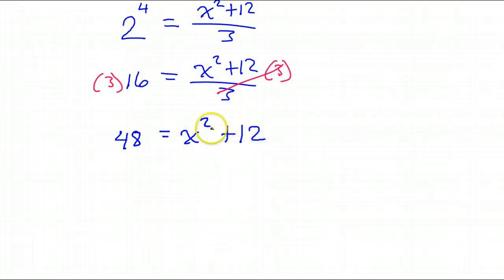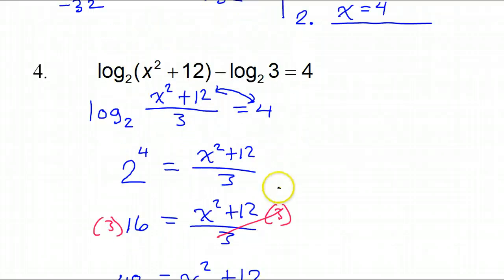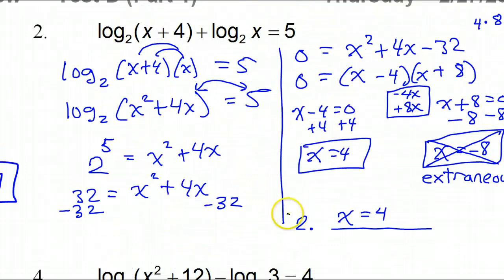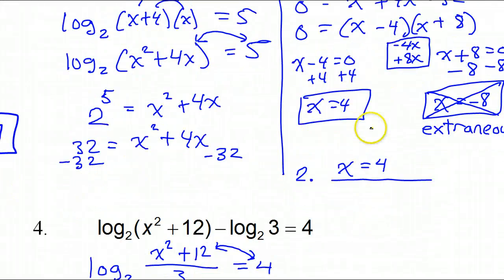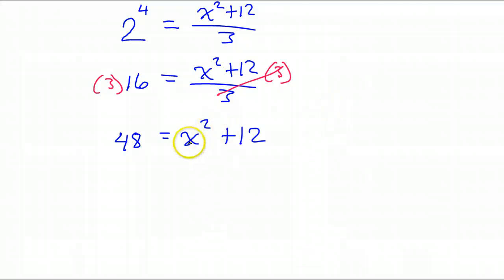Notice I've only got x squared here, as opposed to the other problem that we did where I had x squared and x, so I couldn't get x by itself, because if I got x squared by itself, I'd have 4x on the other side and x wouldn't be by itself. But since on this problem I only have one type of x, I can just get it by itself and take the square root.